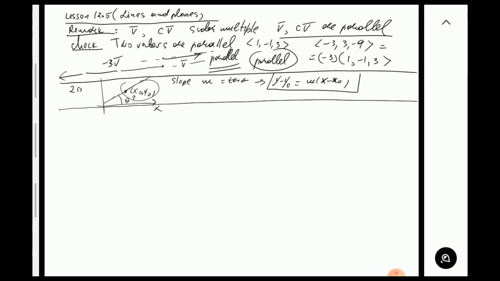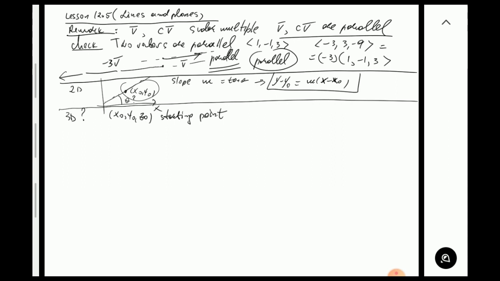Now, what is the equivalent in 3D? Well, you can still start with a point, or 3 coordinates now, right? So the starting point on the line. But the direction cannot be given by a single number. Remember, lines can point in any direction all the way around the point in space.